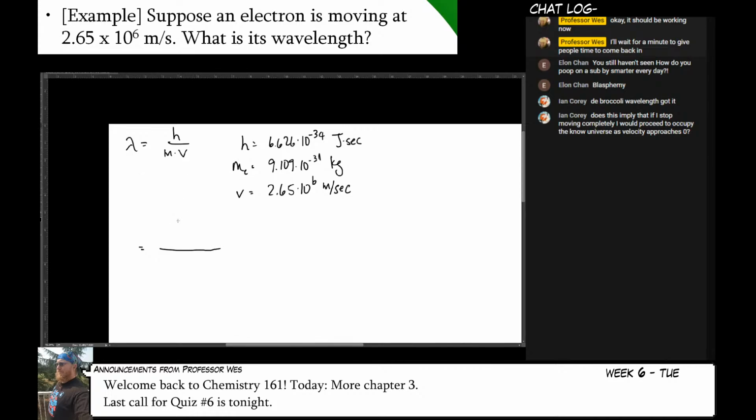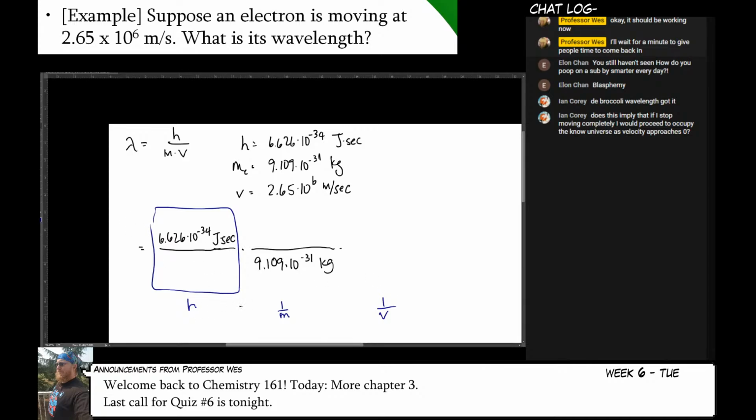This is h, and this will be 1 over m right here, and this will be 1 over velocity.